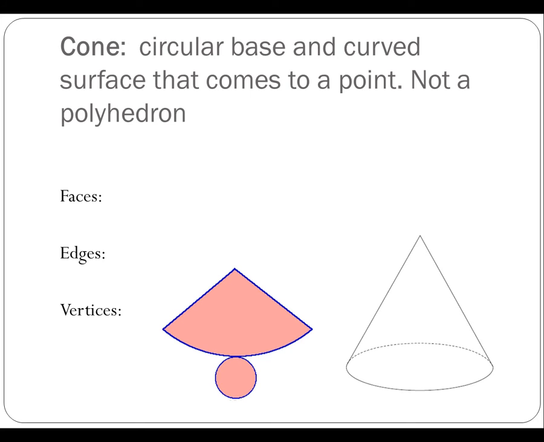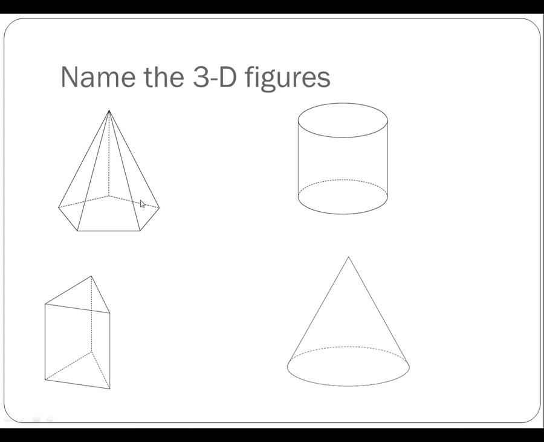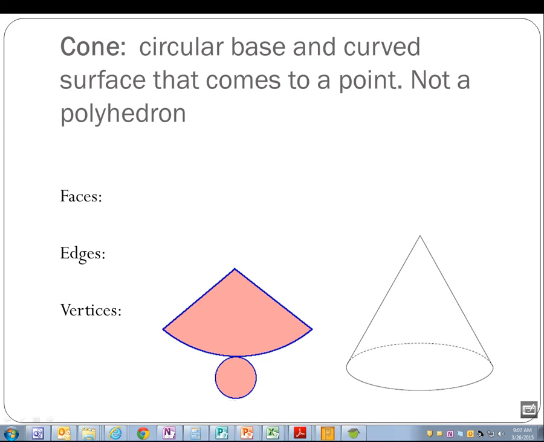Not a polyhedron. Not a polyhedron, okay? Because of the curved surface. So we have 2 faces in the net, because those are flattened out.